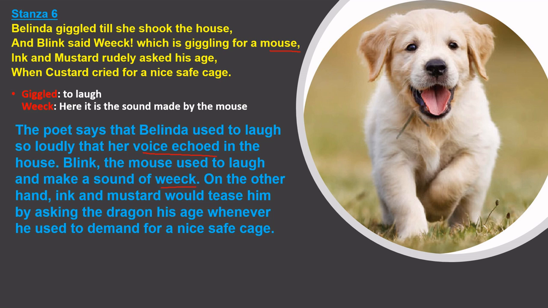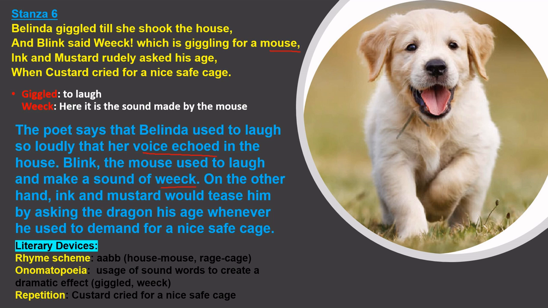On the other hand, Ink and Mustard would tease him by asking the dragon his age whenever he used to demand a nice safe cage. So both of them used to ask his age. Whenever the dragon became a coward, he was looking for a nice safe cage.